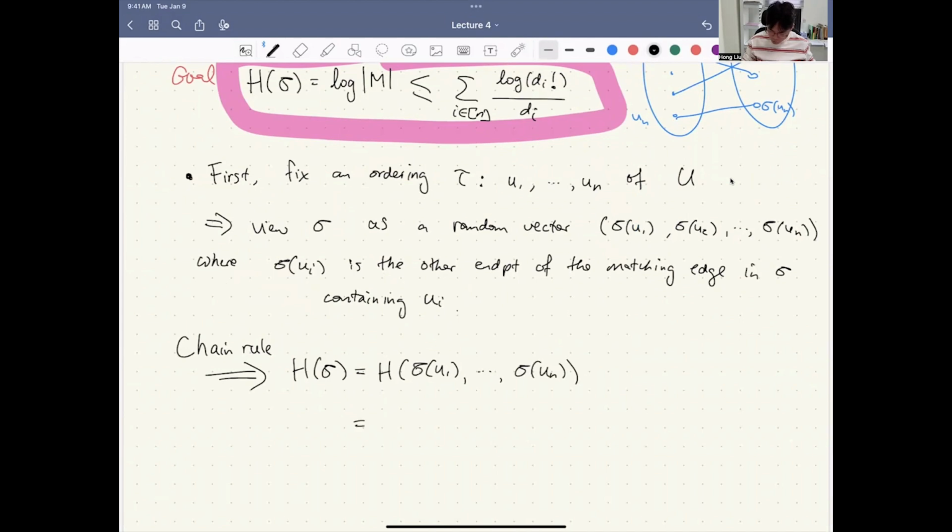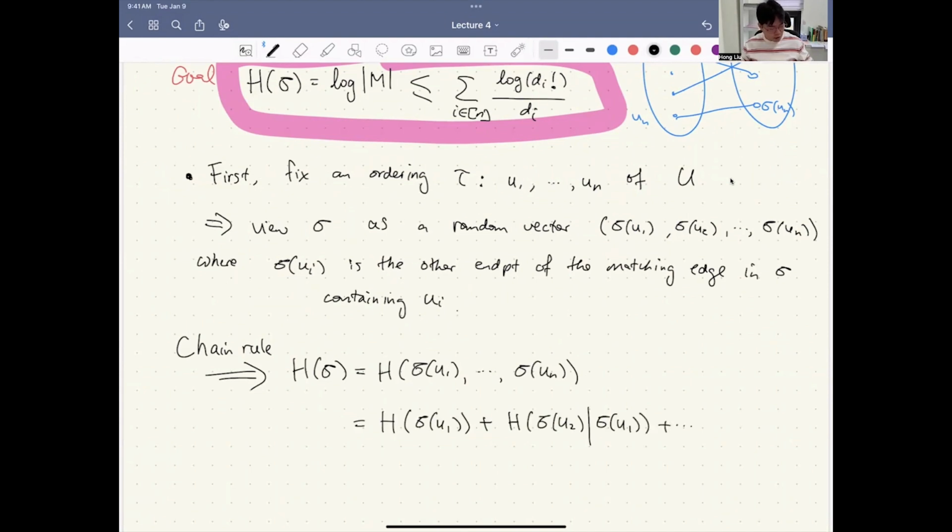By chain rule, this equals, I first reveal where the first vertex U1 in this ordering tau goes. After revealing that, now we reveal where the second vertex goes, but this new information is on top of what we already know about U1.